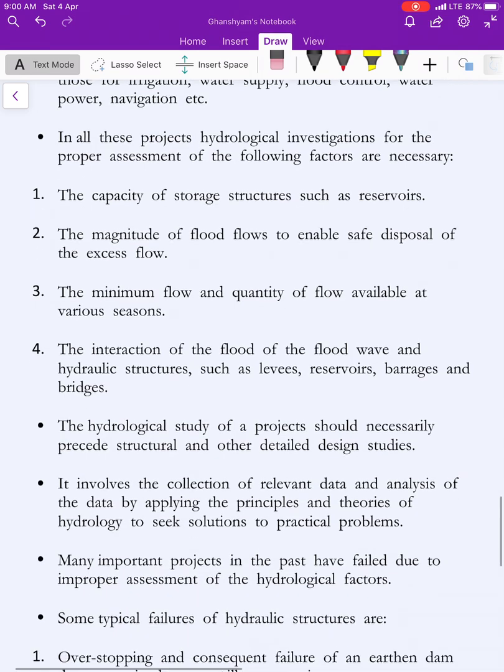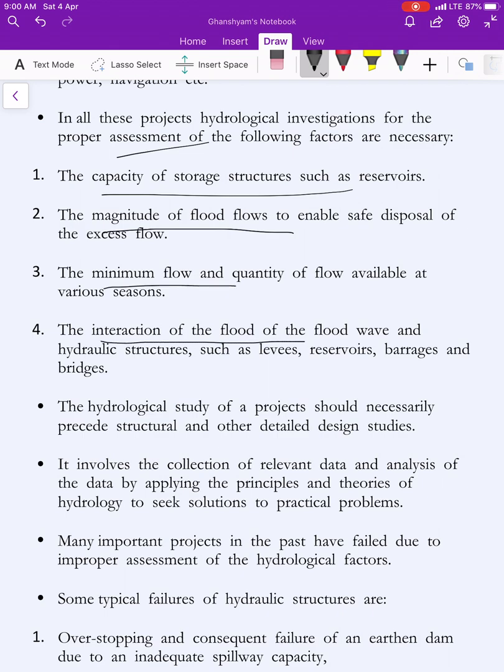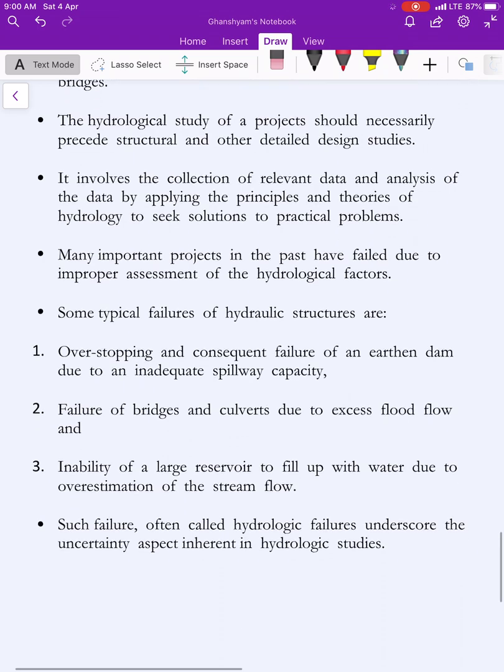In all these projects, hydrological investigations are needed for the proper assessment of the capacity, the magnitude of flood flow, the minimum flow, and the interaction of the flood wave and hydraulic structure. So these are the points which we are going to deal with.